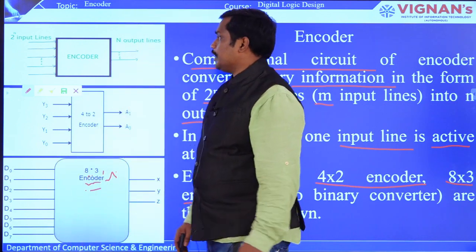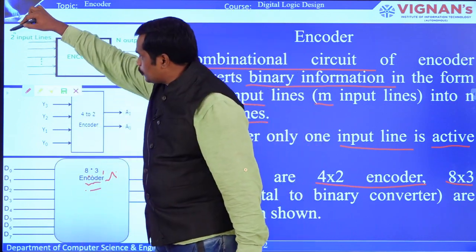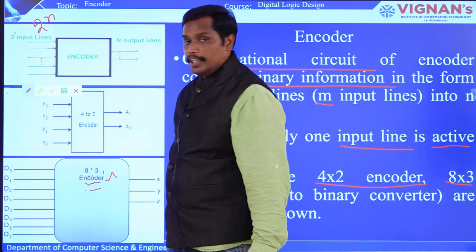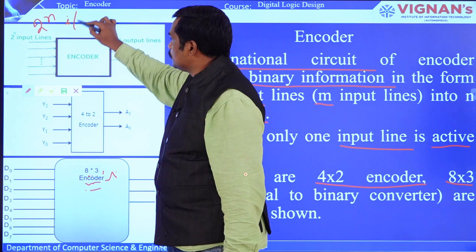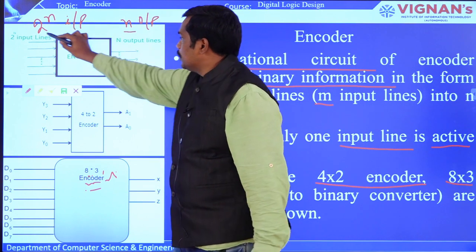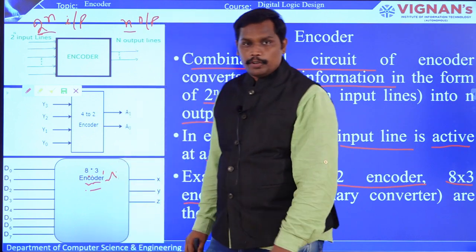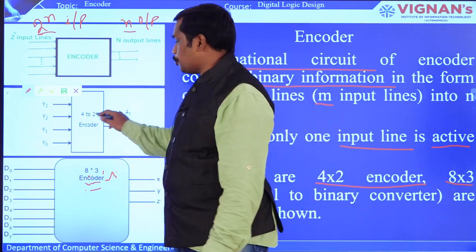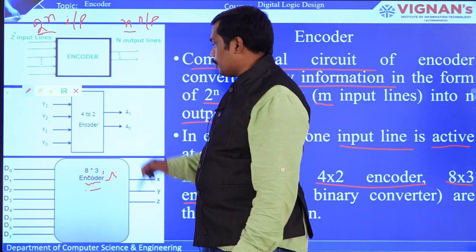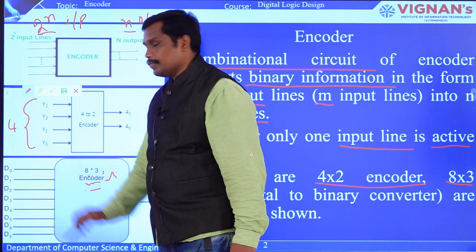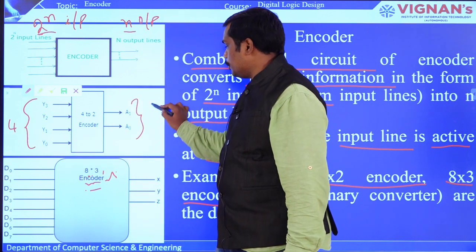Now, we will see what an encoder is, right. Here you can see there are 2 power n input lines and n output lines for the encoder. For example, if you consider this as a 4x2 encoder, you can see there are 4 input lines and 2 output lines.